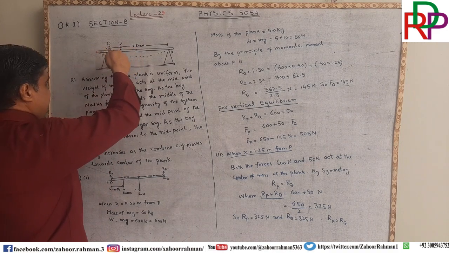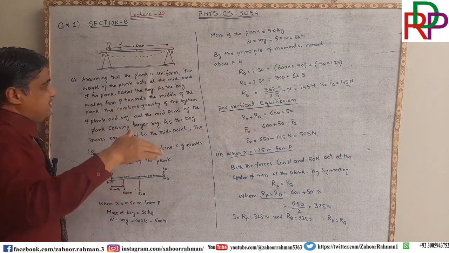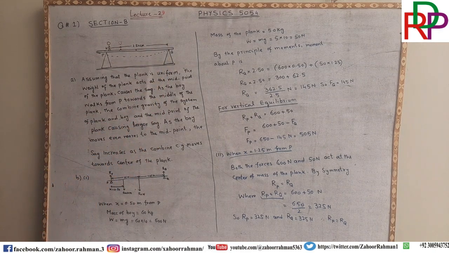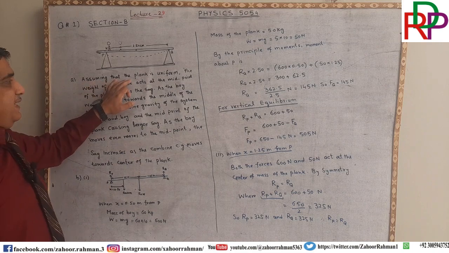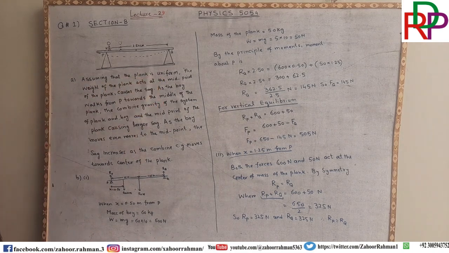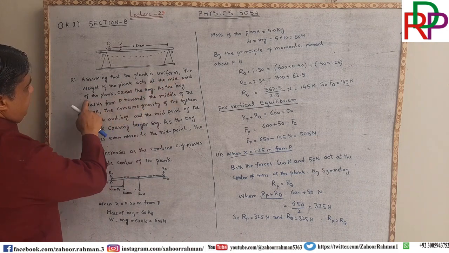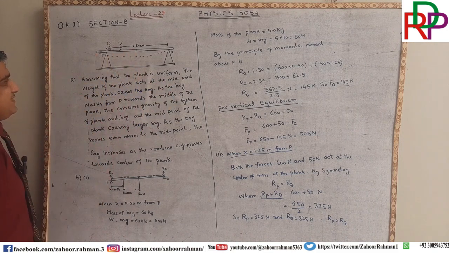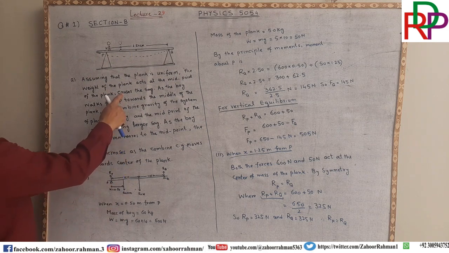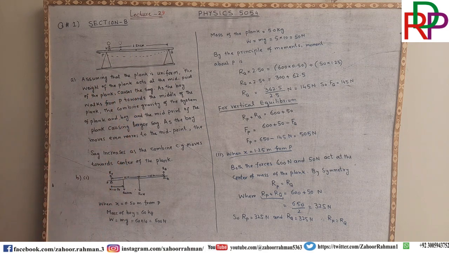So it means that this plank will become sagged. I have written it here assuming that the plank is uniform. The weight of the plank acts at the midpoint of the plank, as I denoted it by a dot, and causes the sag. Only this also causes the sag because it also has mass.